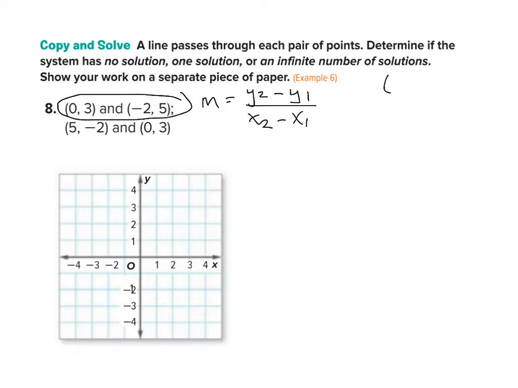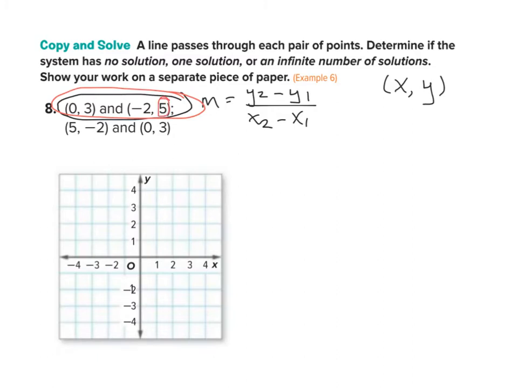And so if all of my ordered pairs are written in XY format, then I can find my Y2 and my Y1, my X2 and my X1 from the points that are given. So for the first points given, I'm going to use the color red to solve for my slope.